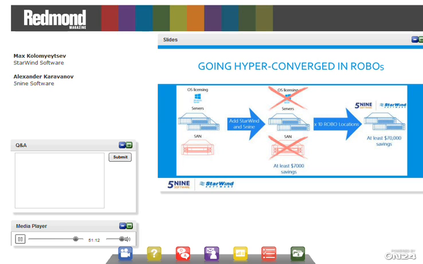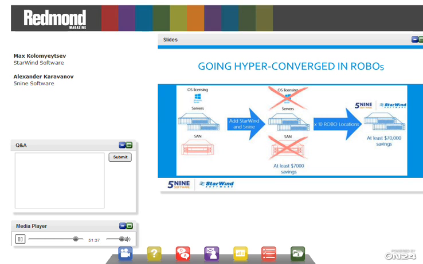Therefore, you save on OS licensing for extra servers, and if you have Linux virtual machines, for example, you don't need OS licensing at all anymore. You don't need a license for managing that as well, because you can do that locally via File Manager. Also, you avoid the need for a physical SAN. That is worth at least $7,000 in savings.